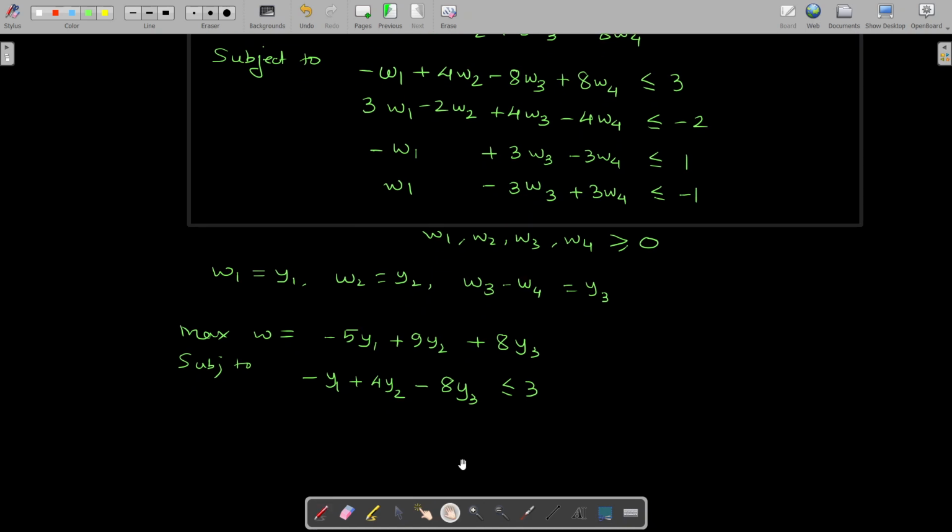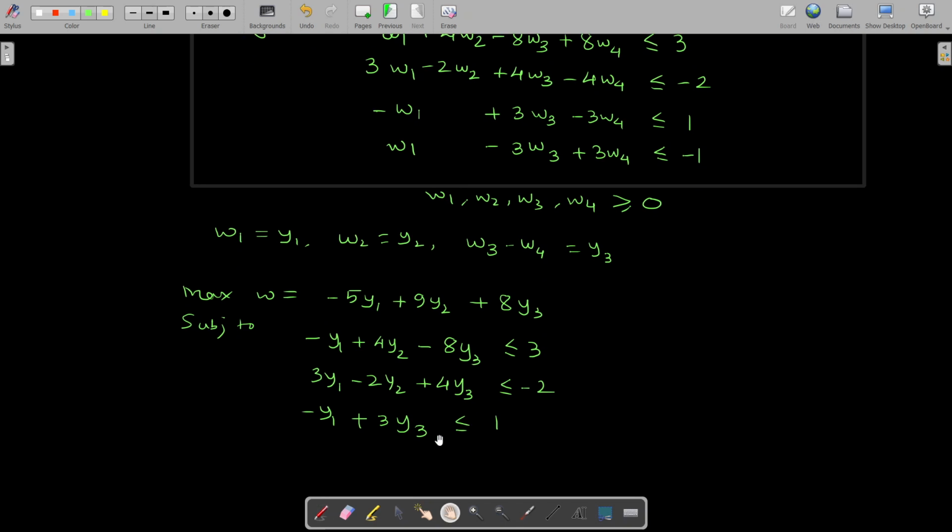Then we have 3y1 minus 2y2 plus 4y3 less or equal to minus 2, minus y1 plus 3y3 less or equal to 1, and we also have y1 minus 3y3 less or equal to minus 1.